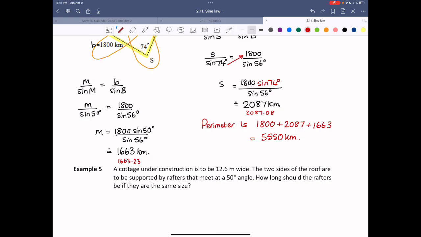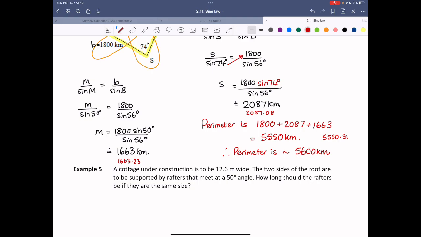So if I added those little bits on the end, we'd actually be at 5,550 point, what would that be, 331. So to the nearest 100 kilometers, therefore, the perimeter is about 5,600 kilometers. Okay, to the nearest 100.